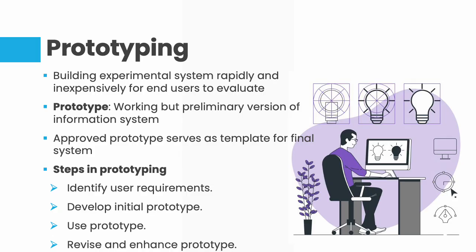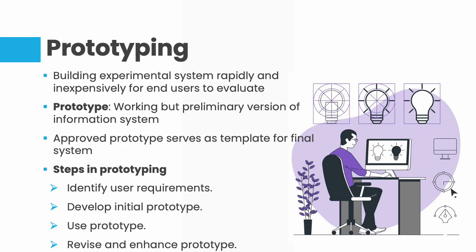All right. So next, the next alternative is called prototyping. Prototyping is a much faster and more flexible way to build a system. Imagine you want to design a new chair.